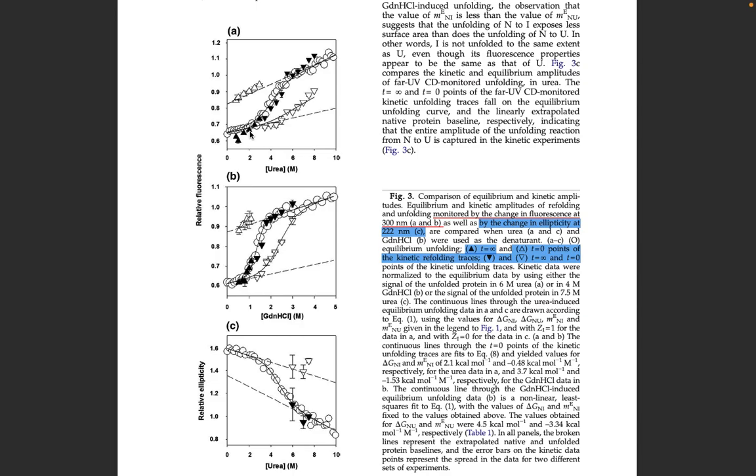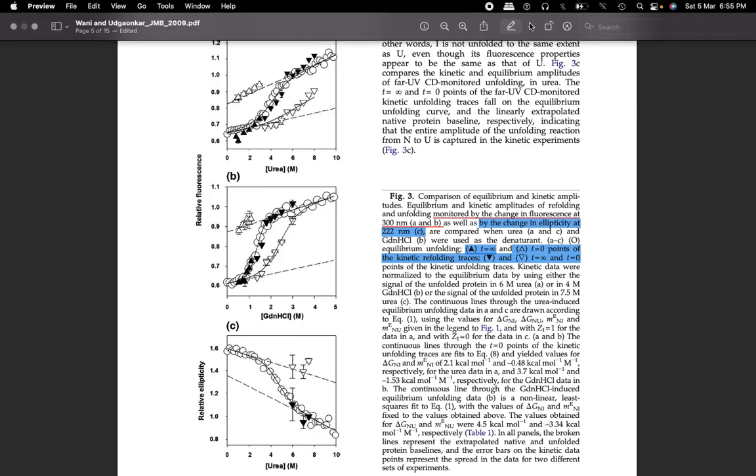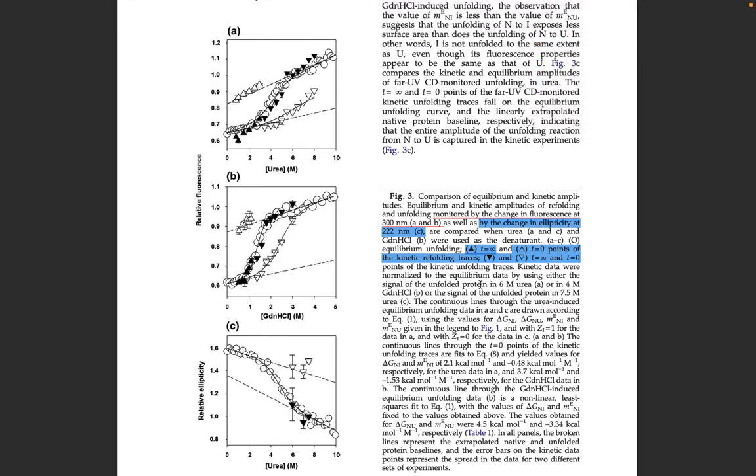I need to change the color. See, that triangle is the t equal to 0 points of the kinetic refolding traces, meaning at t equal to 0 all the protein remains unfolded.